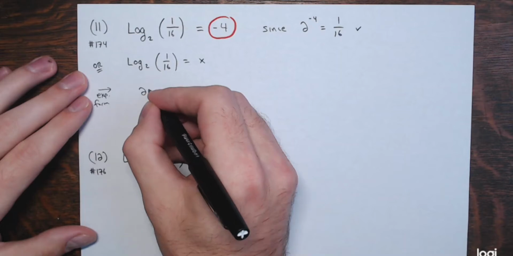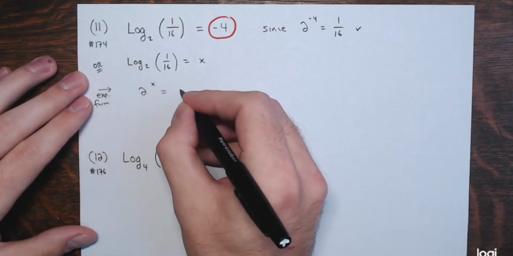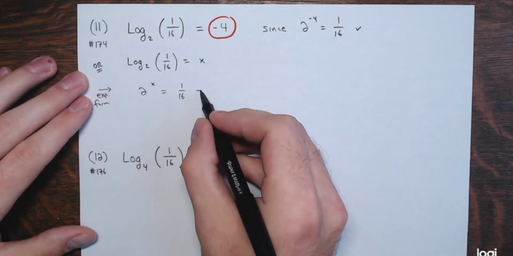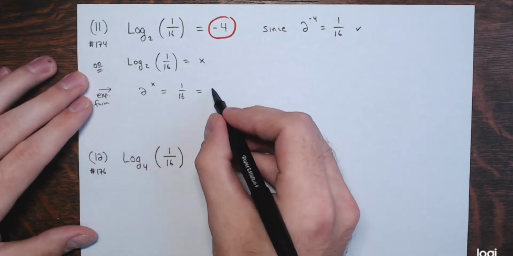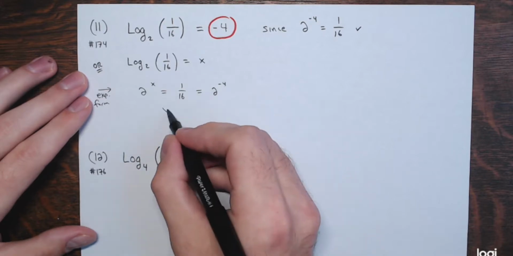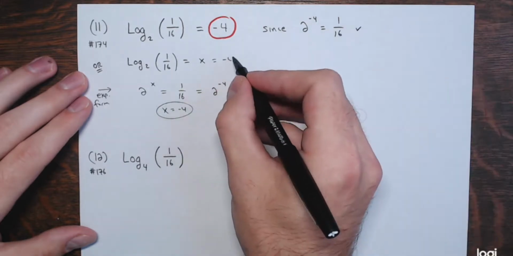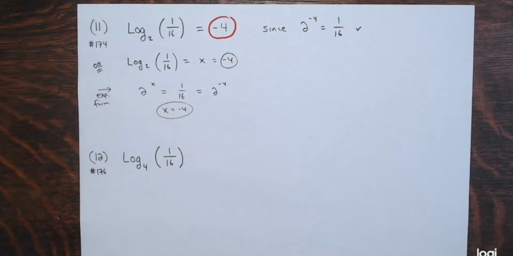So that's 2 to the x equals 1/16. But again, this should be easy. This is 2 to the -4th, so obviously x must be -4. You should know your powers. Powers of 2, powers of 3, powers of 4, whatever. Okay.